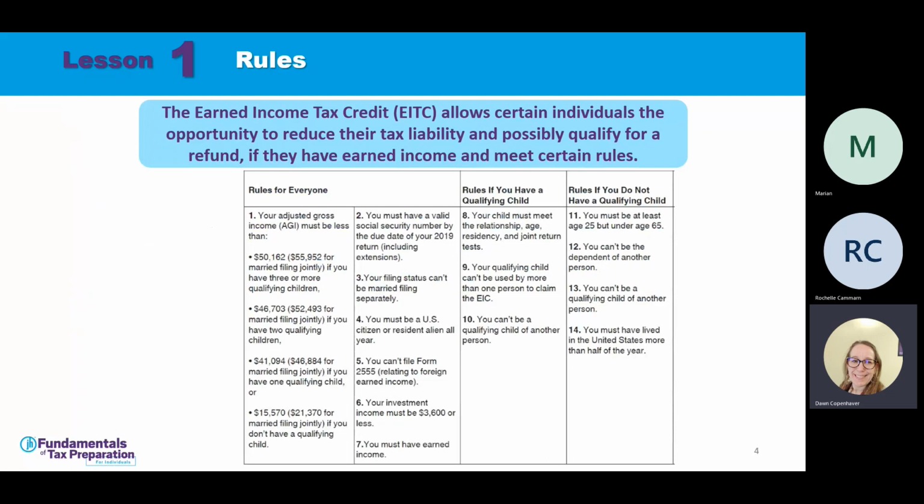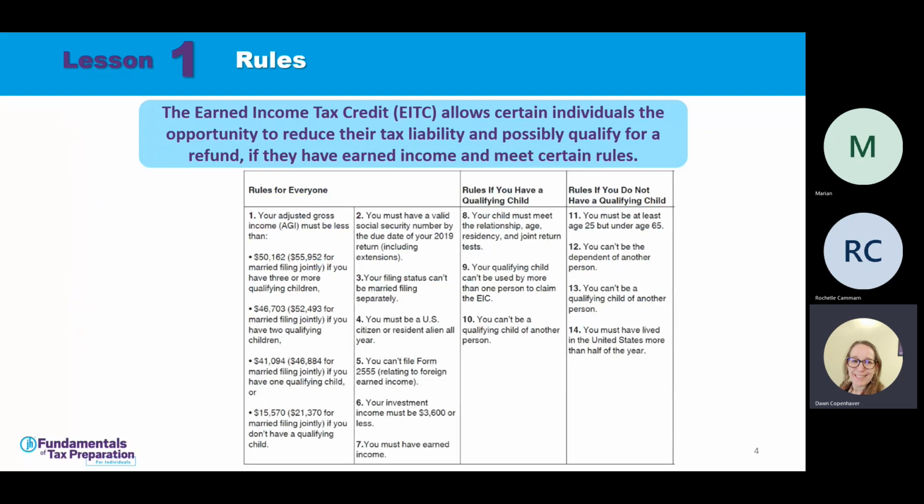Okay, so this chart here summarizes all the rules for the earned income credit. So there are the rules for everyone. No matter who you are, you have to meet these rules to be able to qualify for the earned income credit.